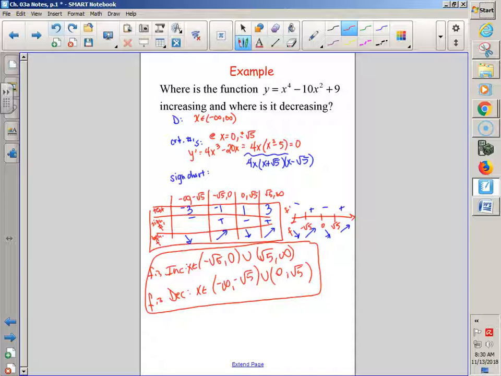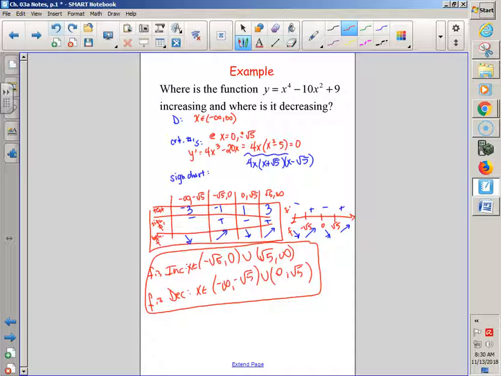Not negative infinity. Negative root 5. Why is there a min there? What's the function do at negative root 5? It changes from decreasing to increasing. If there's a critical number, and more specifically a smooth turn, and it goes from decreasing to increasing, what kind of smooth turn did it have to be?